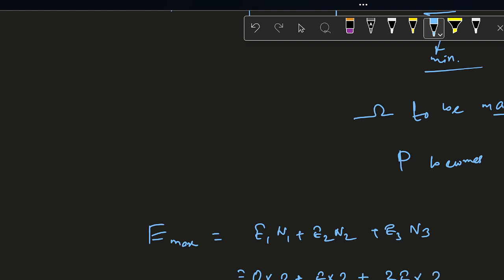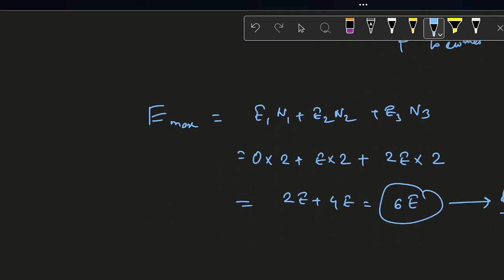So this is just 2E plus 4E equal to 6E. So this becomes our answer to what is the total energy for the maximum probable distribution for this case of 6 particles and 3 energy levels.